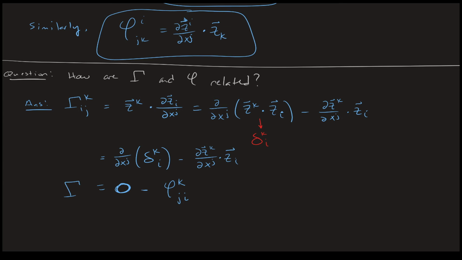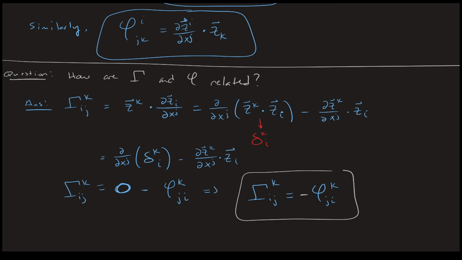So that's what gamma ijk is. So gamma ij k up is negative capital phi ji down, k up. So basically, the j and the i switch places, and you throw a negative sign in there.